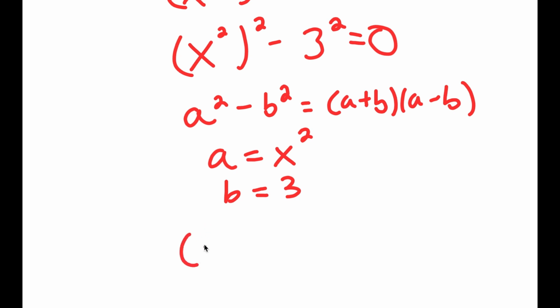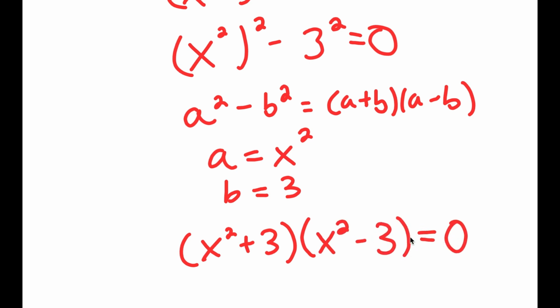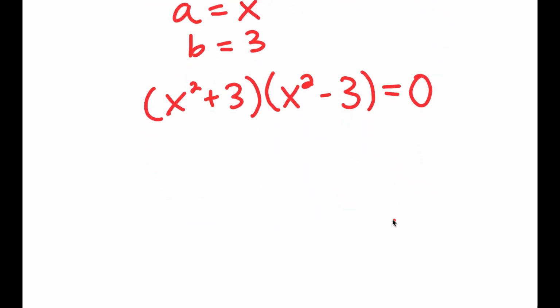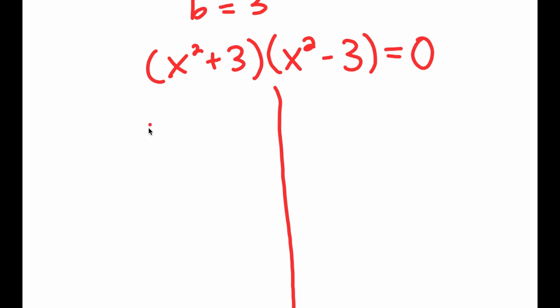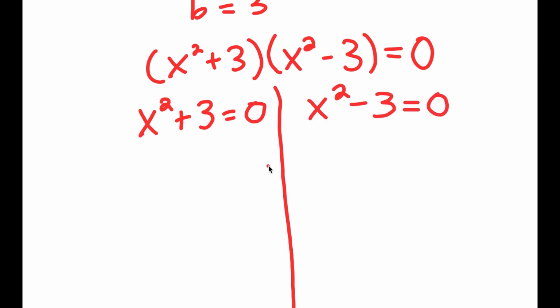So now I'm going to be left with x squared plus 3 times x squared minus 3 is equal to 0. So now this is going to give me two equations. I get x squared plus 3 is equal to 0, and I get x squared minus 3 is equal to 0. So for x squared plus 3 equals 0, I can subtract 3 on both sides.